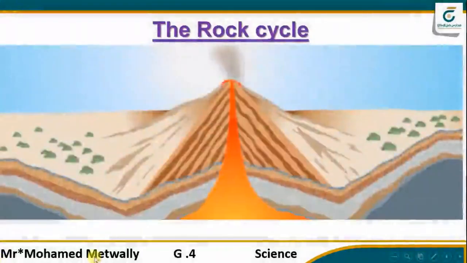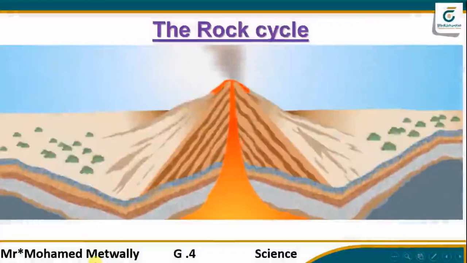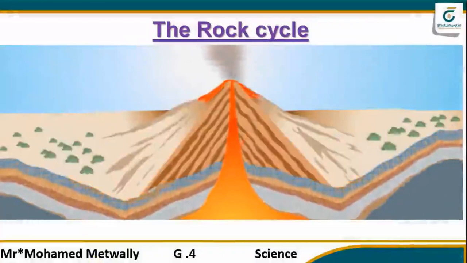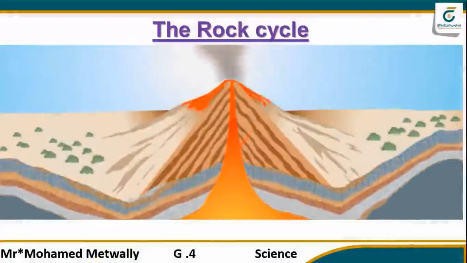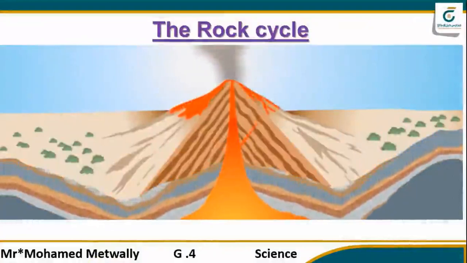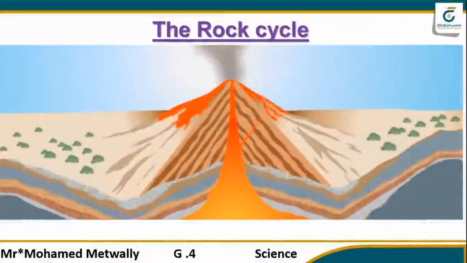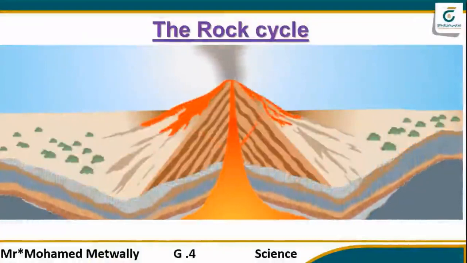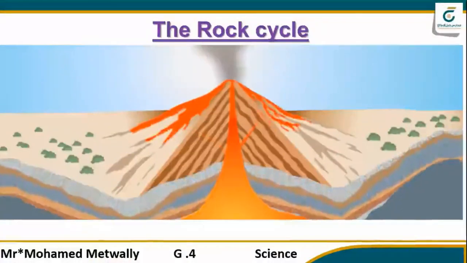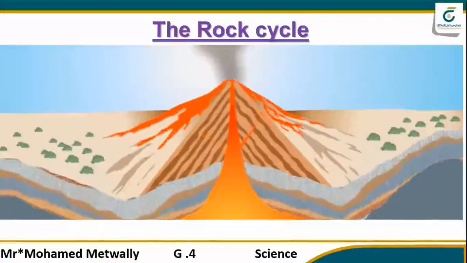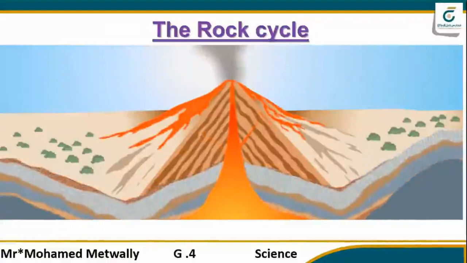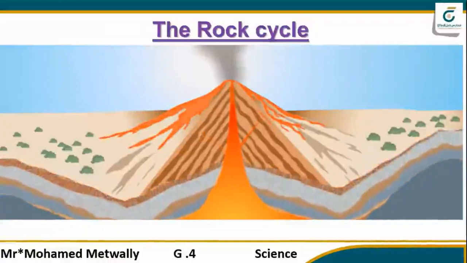Rocks are constantly formed and destroyed. Any of the three types of rock can be turned into another type over time. The recycling of old rock into new is an ongoing process called the rock cycle. Rocks can change form in the rock cycle in any order. The changes can take millions of years. Some rocks never change.